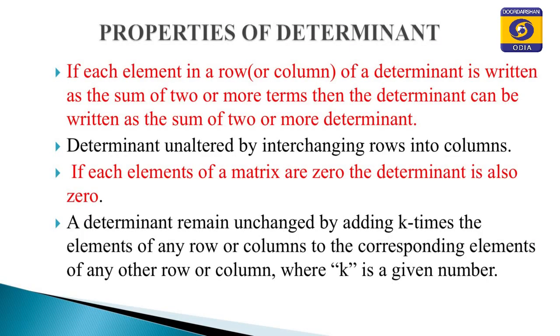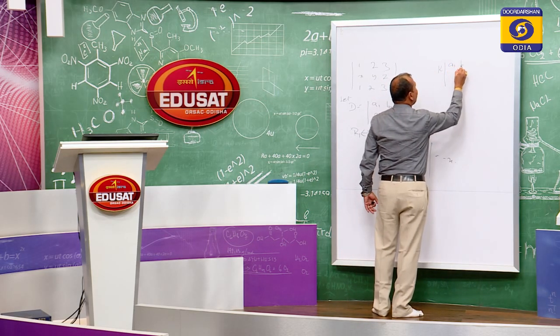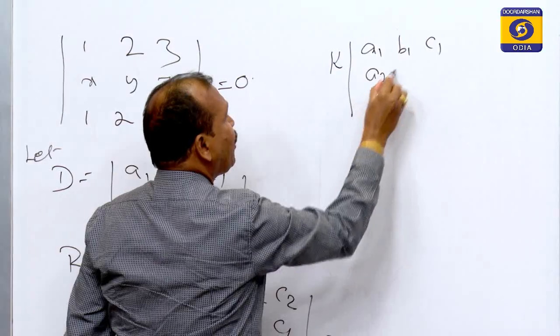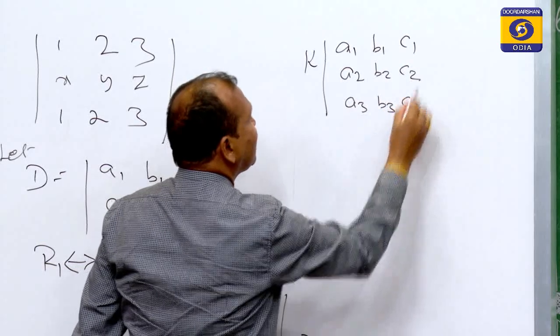If each element of any row is multiplied by a constant, then the determinant becomes k times the original determinant. That means, if a constant is multiplied in a determinant, then this constant is multiplied in any one of the rows or any one of the columns. Suppose k, and a determinant is A1, B1, C1, A2, B2, C2, A3, B3, C3.